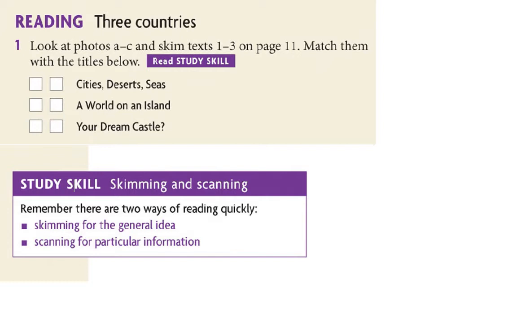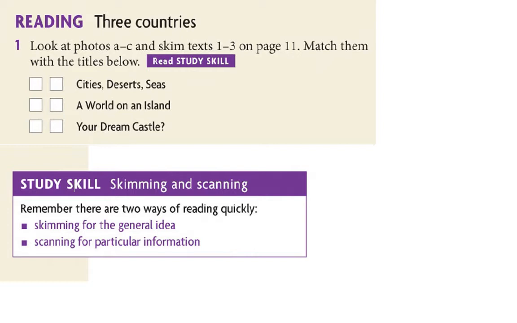Remember, there are two ways of reading quickly: skimming for the general idea, scanning for particular information. So, these two methods we already talked about in the last lectures. We did practice how to skim and scan paragraphs. In this lecture, there are more practices.